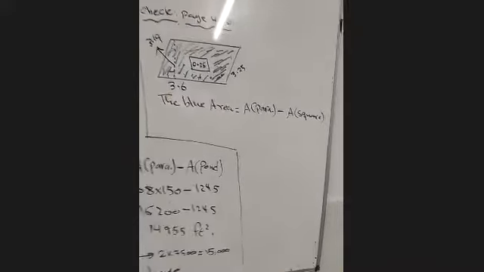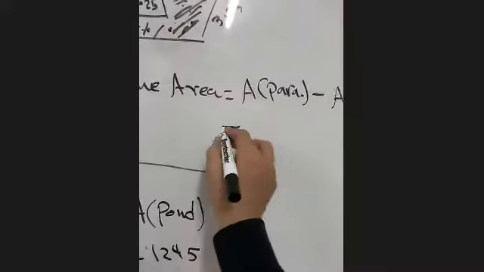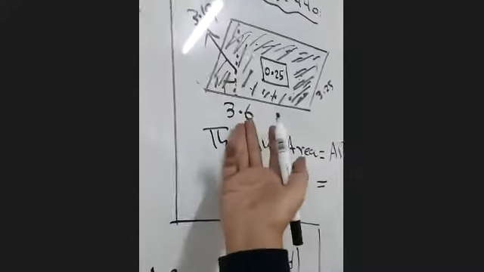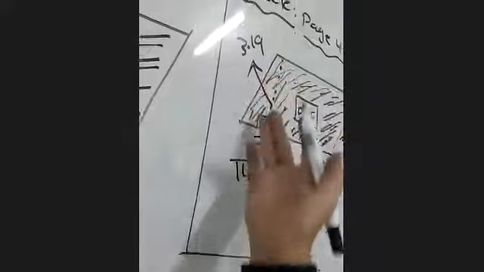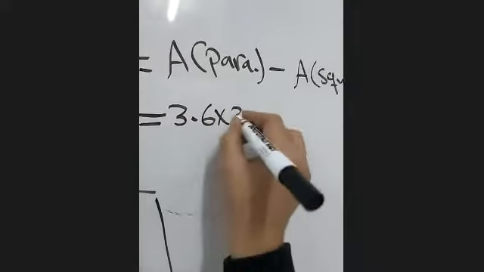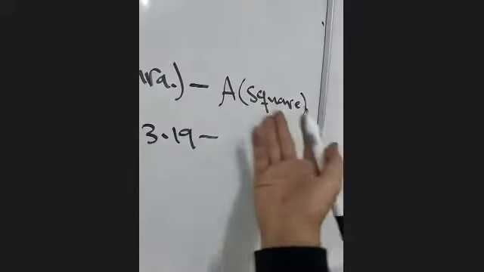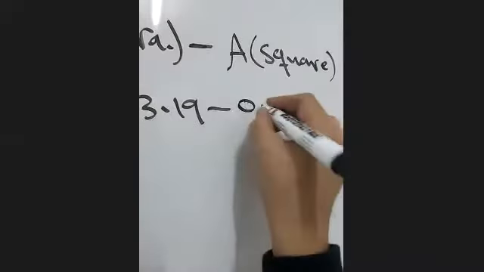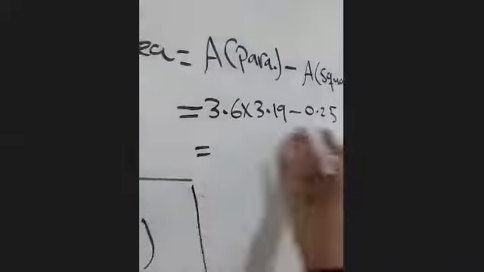The area of the parallelogram is base times height. We said the base is 3.6, multiplied by the height 3.19, minus the area of the square, given as 0.25. Good. Let's calculate quickly.